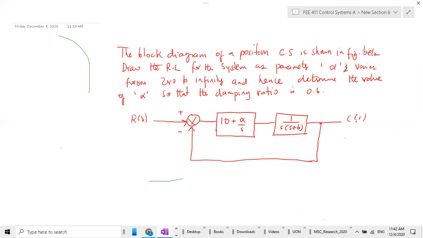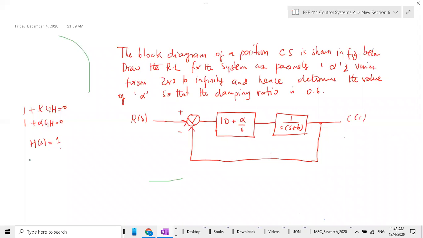So you are told to draw the root locus for this system as you vary alpha. One way to do this is expressing the system so you get the standard form. You know your H is 1, it's unity feedback.